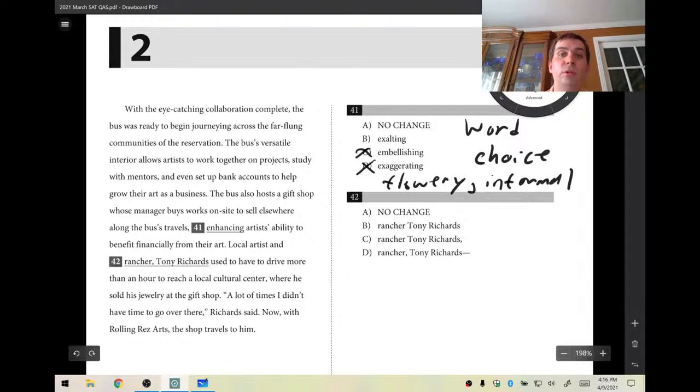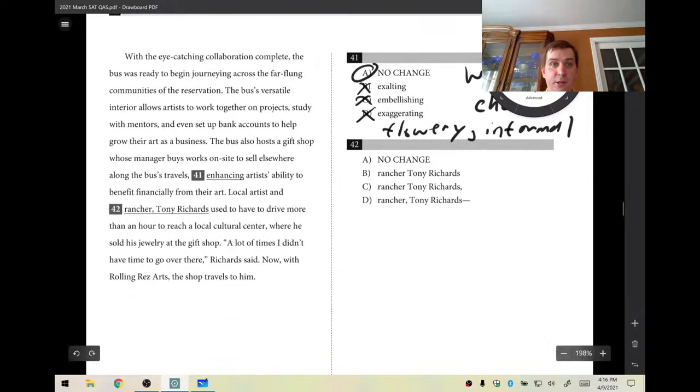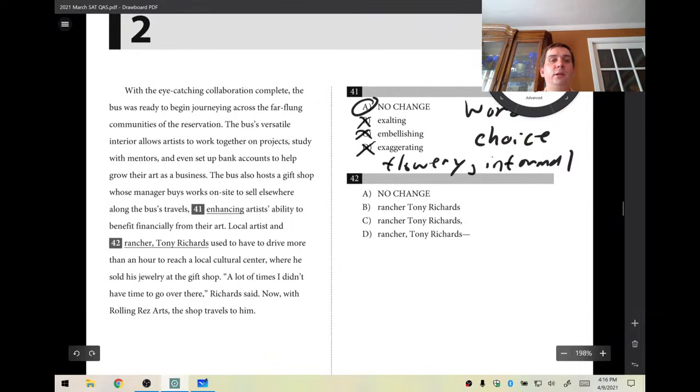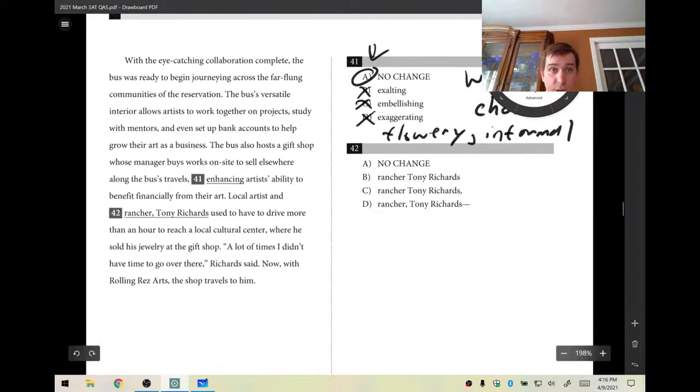What's the formal? Exalting, doesn't make much sense. The formal answer choice is just a no change. This would enhance the artist's ability to benefit financially from their art. A no change, every now and then, is the right answer. So just be aware that it is an option. I know the tendency is to correct these things. It looks like every single one is wrong, but every now and then a no change is correct, and here it was.